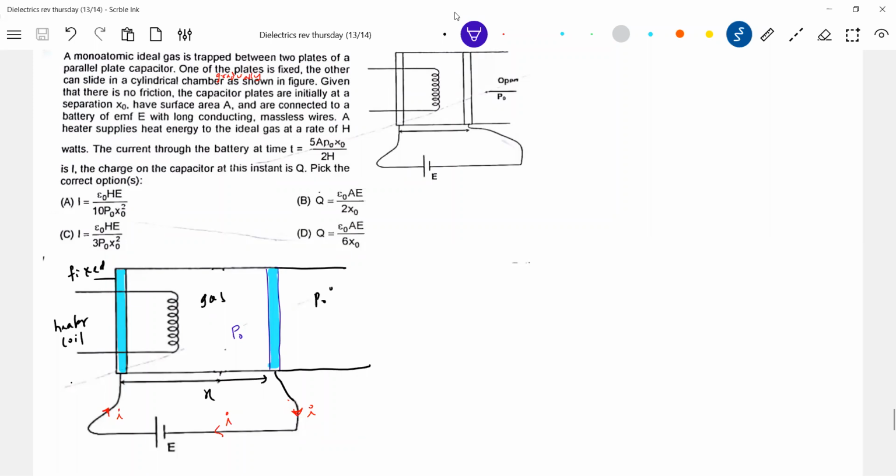Let's get into the thing now. At any distance, what is the capacitor? Shall we say this is a capacitor? So this is a fixed plate. I'll use the word plate so that the capacitor concept comes into the picture. This is a movable plate, gradually moving plate.